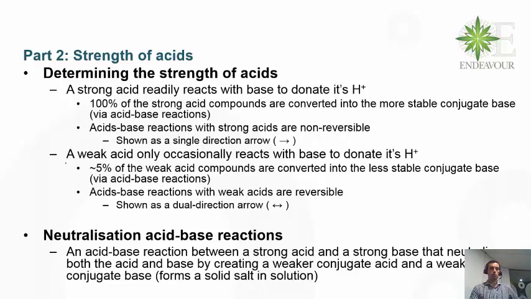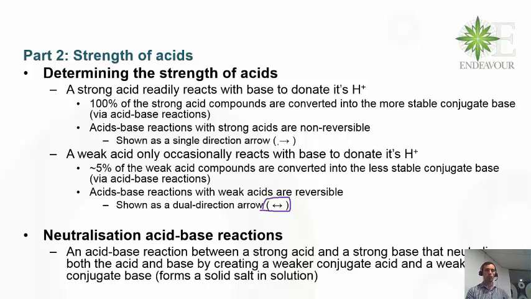Whereas if the acid is weak, the weak acid is actually already stable and doesn't want to give away its H+. So only 5% of the time will the weak acid give away its H+, and in doing so it actually becomes less stable in the form of a conjugate base. We can tell the difference here because the weak acid is involved in acid-base reactions that have a reversible arrow, with the arrow going in both directions.